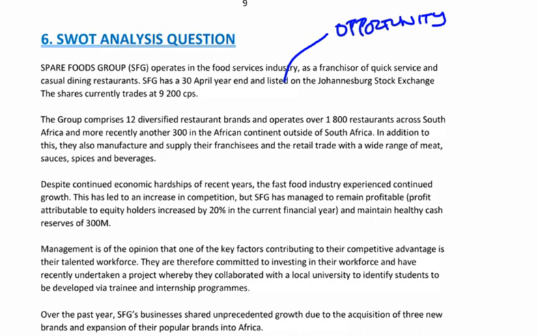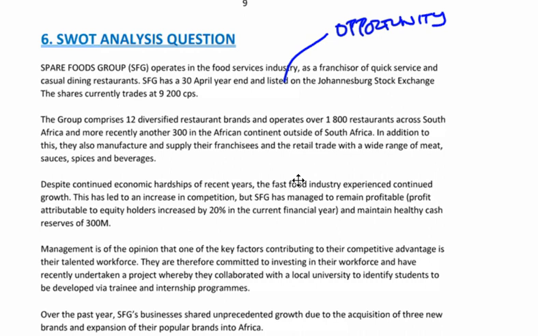Okay, the group comprises 12 diversified restaurant brands and over 1,800 restaurants across South Africa, and more recently 300 in the African continent outside of South Africa. So guys, is what we've read there a strength, a weakness, an opportunity, or a threat?